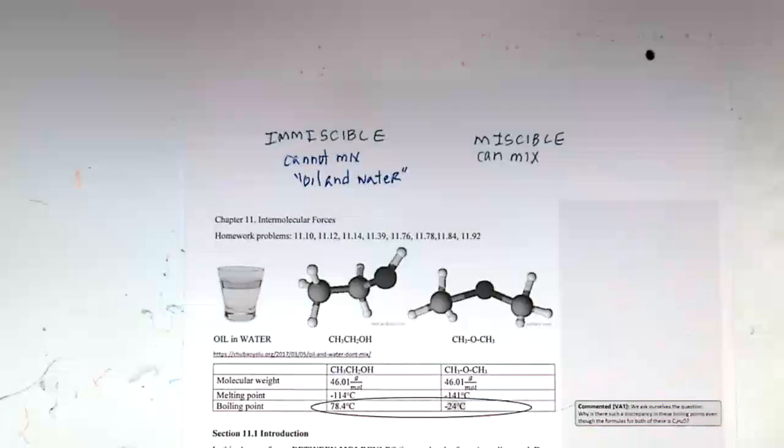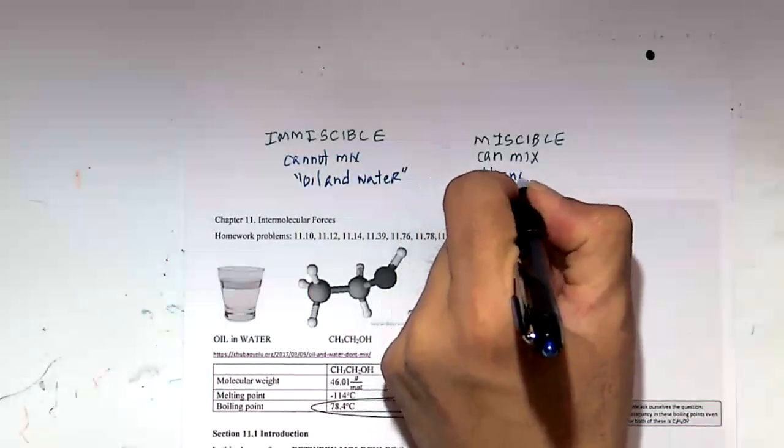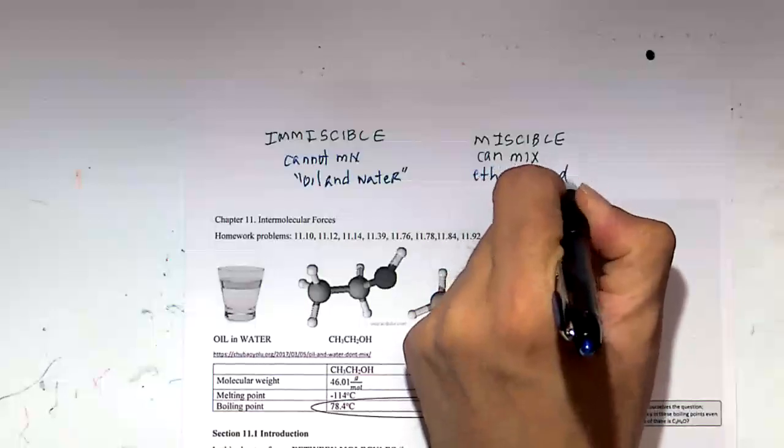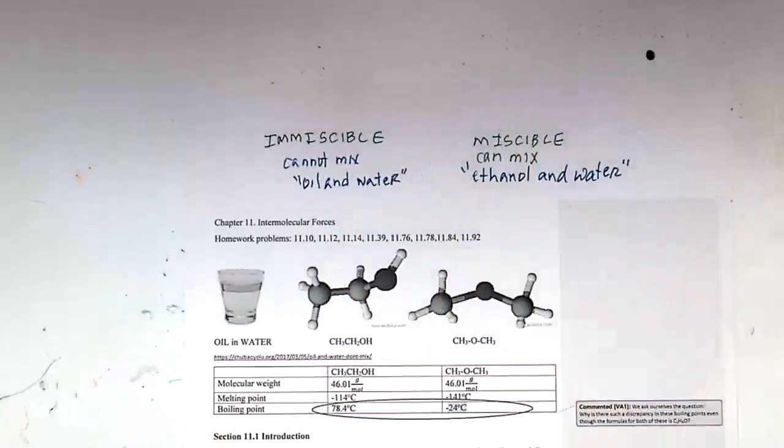Okay, the example that we're going to give here is ethanol and water. So there's something about the water molecule that would make it want to interact with the ethanol molecule.